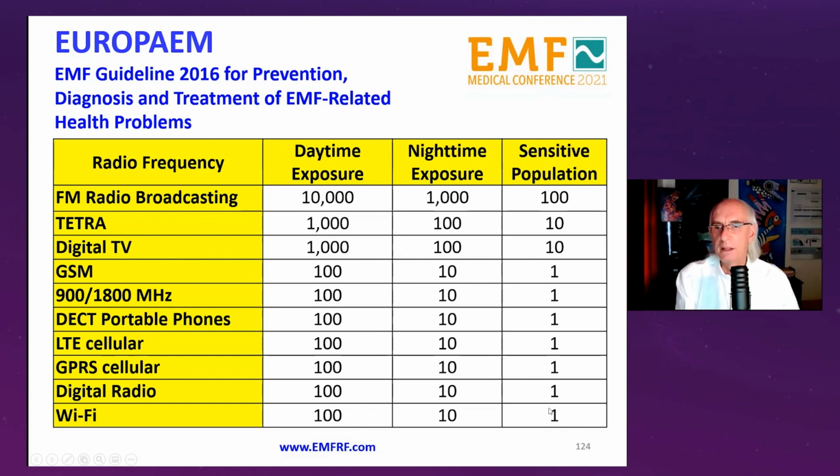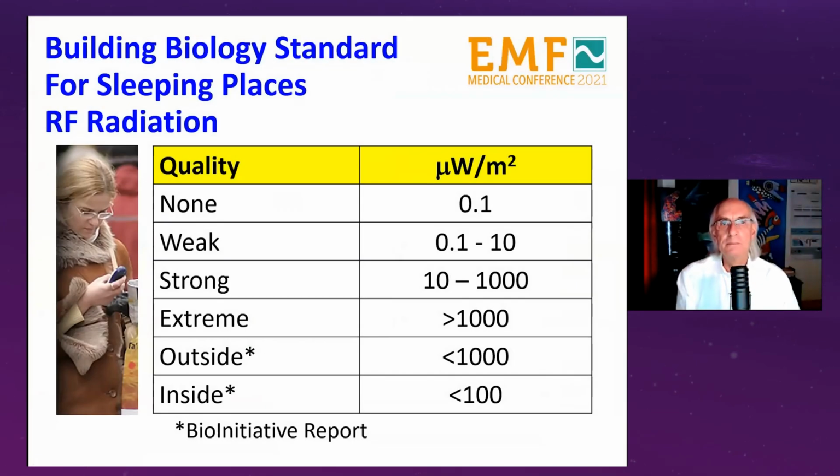And if we have very sensitive individuals, getting it down to a level of 1 is not an easy task in today's environment. Okay. What are some other standards? The building biology says that, well, between 0.1 and 10 is kind of okay. And they don't want to see anything above 1,000. That's the same as the BioInitiative report says.